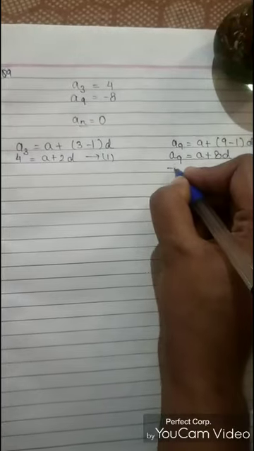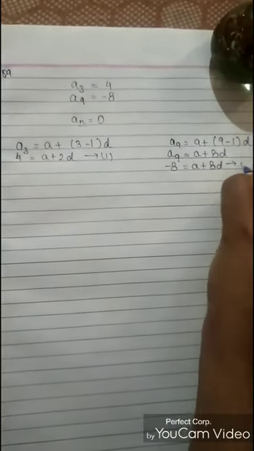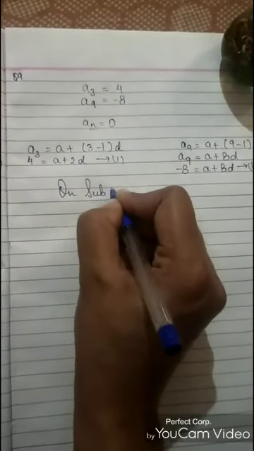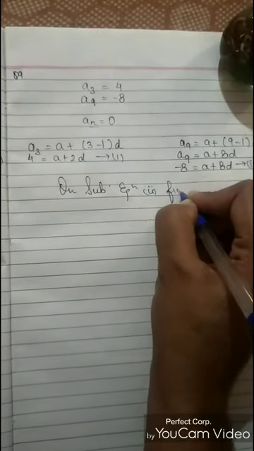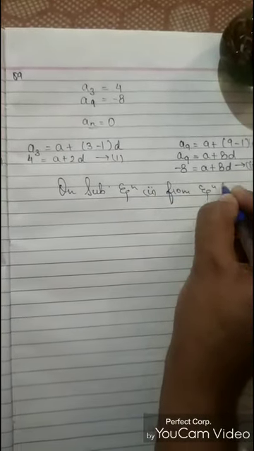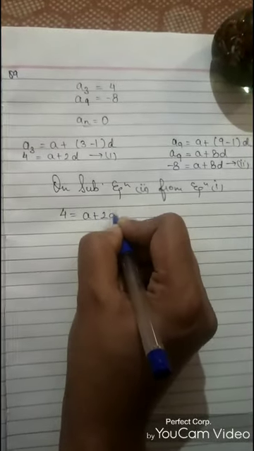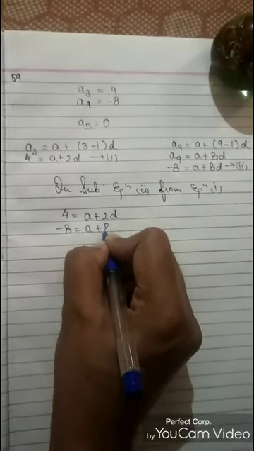Minus 8 is equal to A plus 8D. Equation number 2. So on subtracting equation 2 from equation 1, 4 is equal to A plus 2D, minus 8 is equal to A plus 8D.